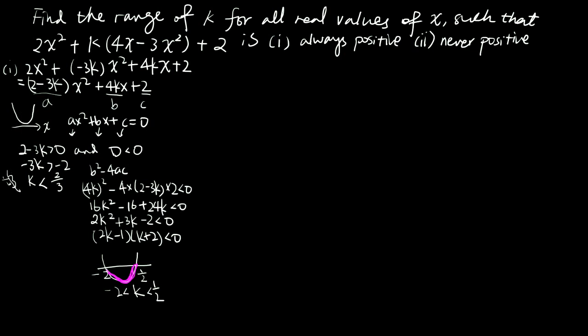Let me redo it. We divided by negative 3 on both sides, so we shall reverse the sign. Then we look at the common set. We shall draw another line again, with negative 2 and a half, and k less than 2 over 3.